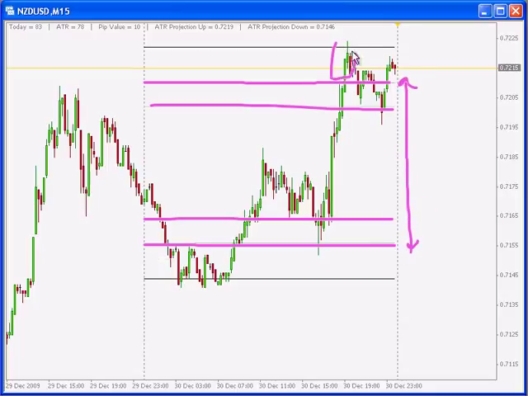But as we can see, price has indeed broken beyond the 70% bands. In fact, as I was mentioning before, price has broken beyond the 100% bands because today we've moved 83 pips and the average daily range is 78 pips. So today is a larger than usual, more volatile trading day.